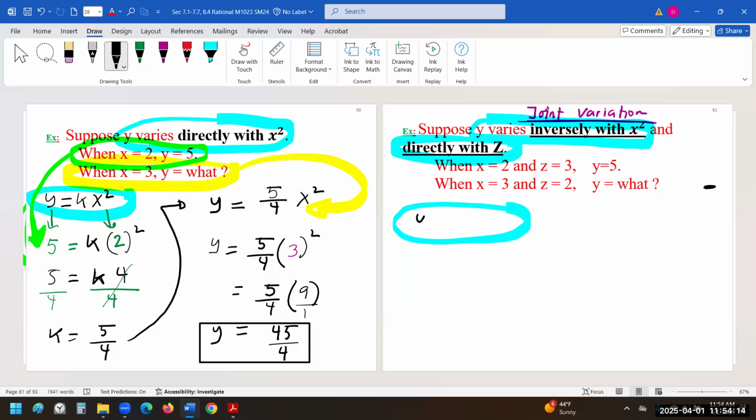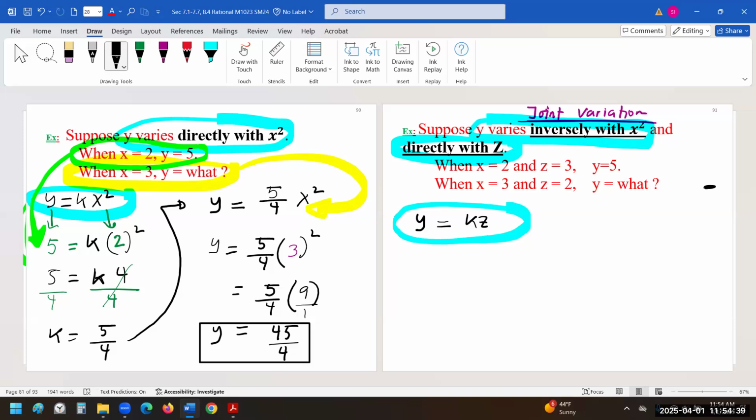Directly. So what formula do we get from here? If Z is changing directly, what should go on the right side of the equal sign? Only Z? No. KZ. So Z and Y are changing directly, so it's Y equals KZ.